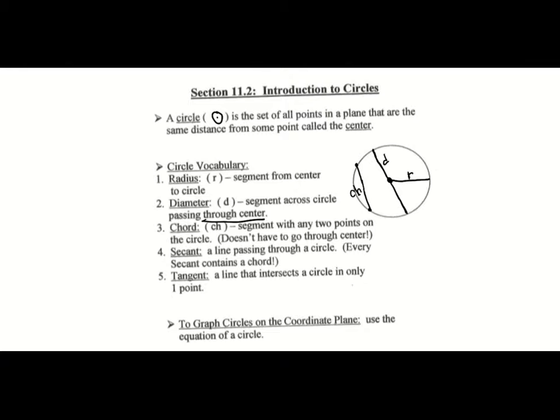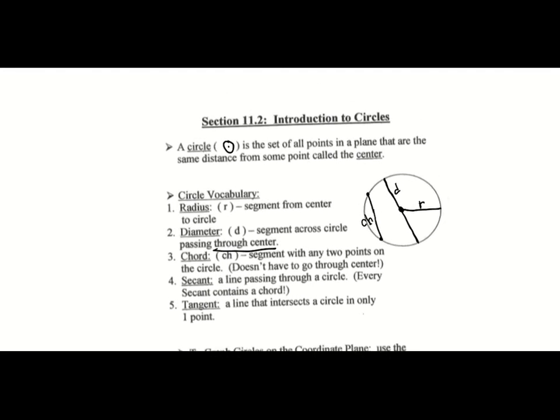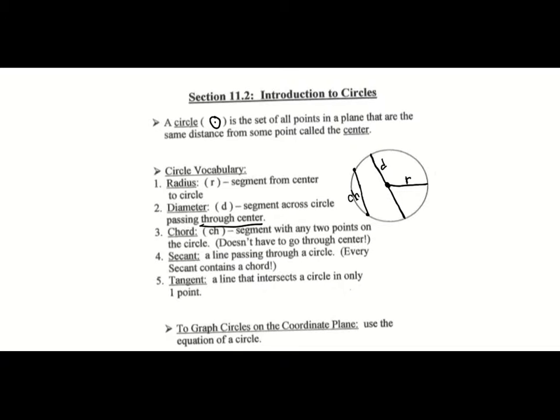Okay, our next vocab word is a secant, and a secant is a line passing through a circle. So if we draw a line, this is an example of a secant because it is a line that passes through a circle.